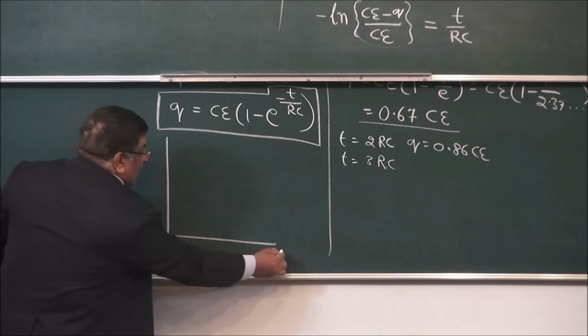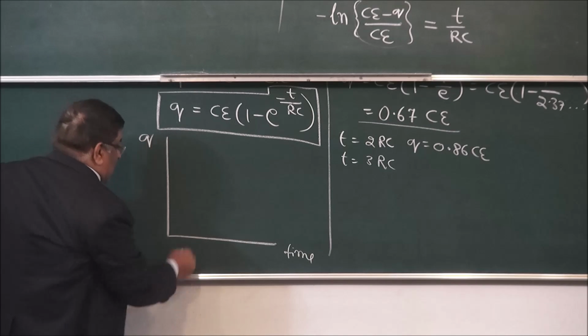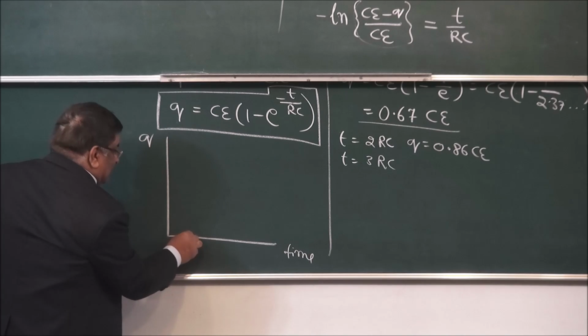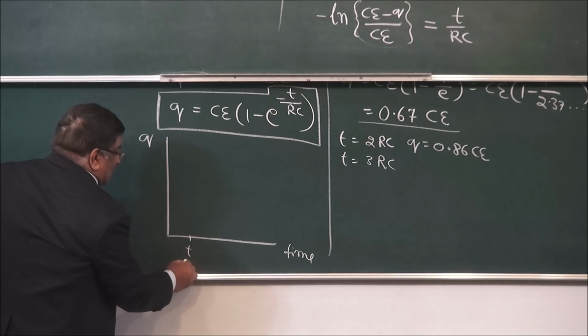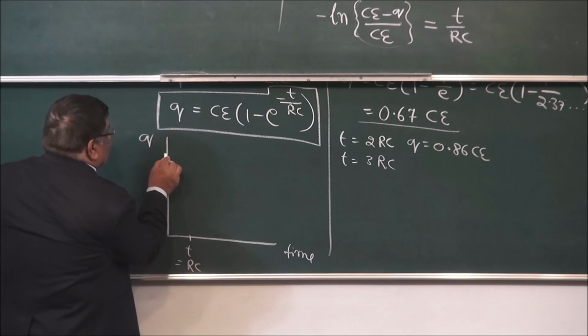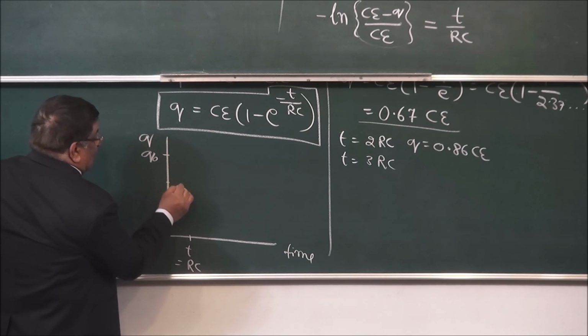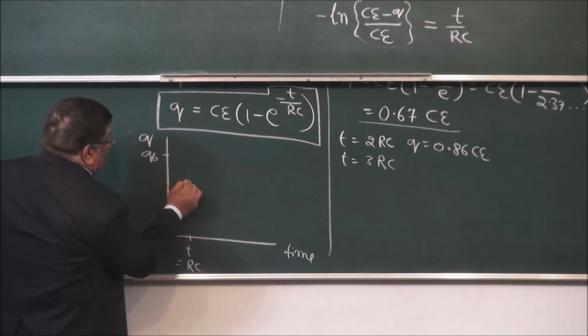here is time and here is charge. We take 1t here, and this t we know is equal to RC. Then this is full charge, Q naught, let us say. Then this is 0.5, this is 0.6, and this is 0.63.